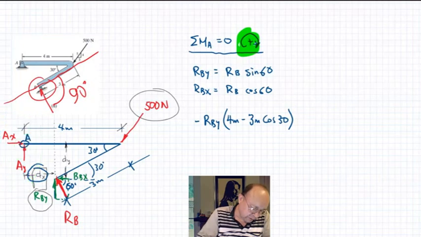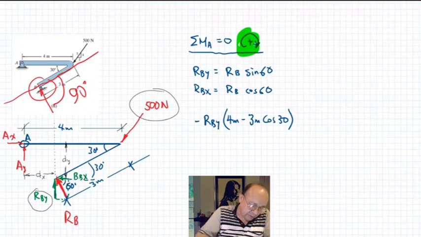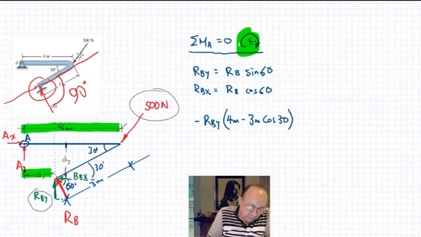Let me erase a little bit of all this stuff so you can see it better. This distance dx is all this distance minus this distance. Agree?